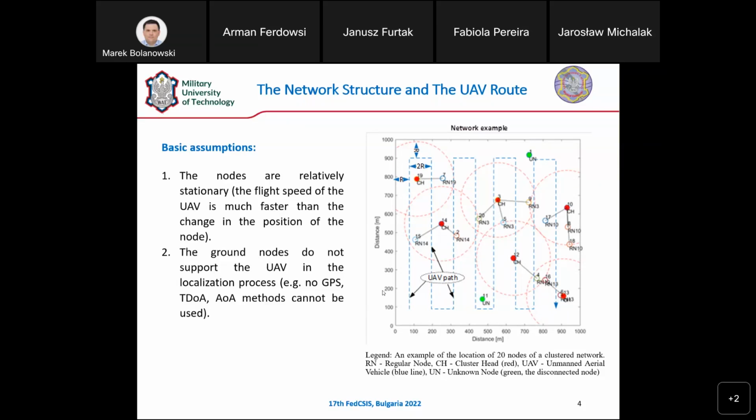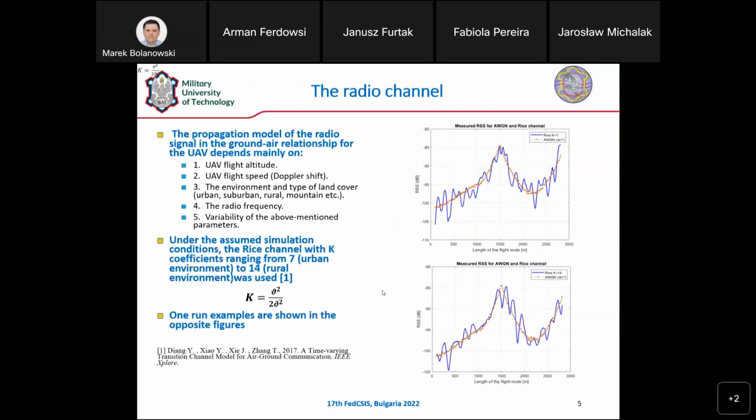Speaking about the radio channel and the drone, of course, the propagation model depends on the UAV flight altitude, its speed, and the environment, urban, suburban, and others.